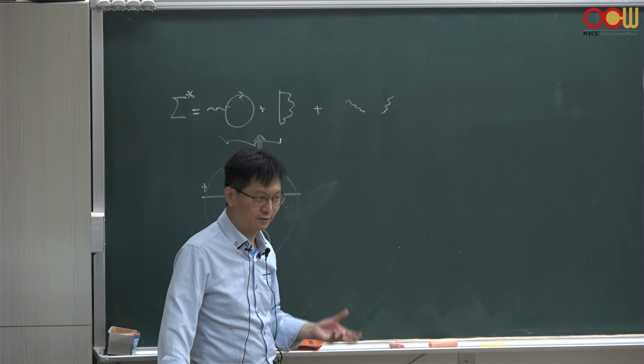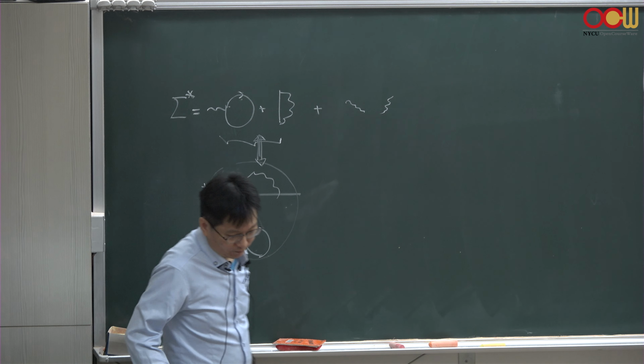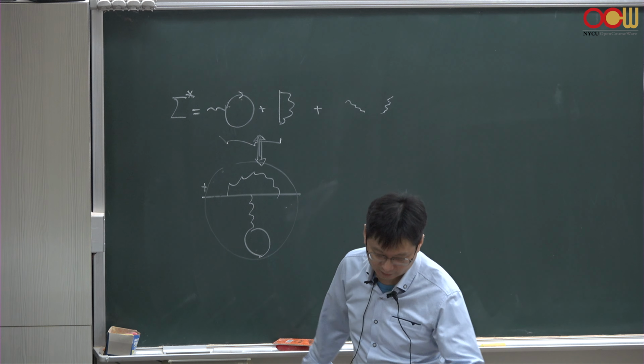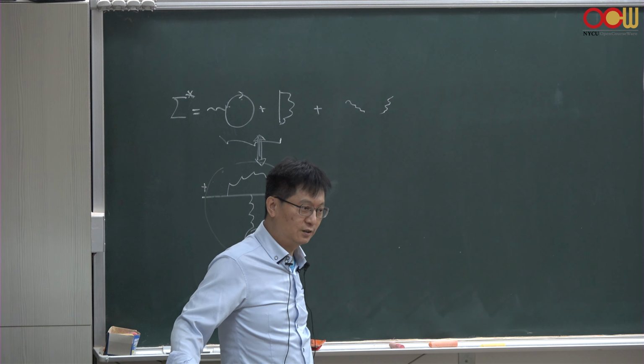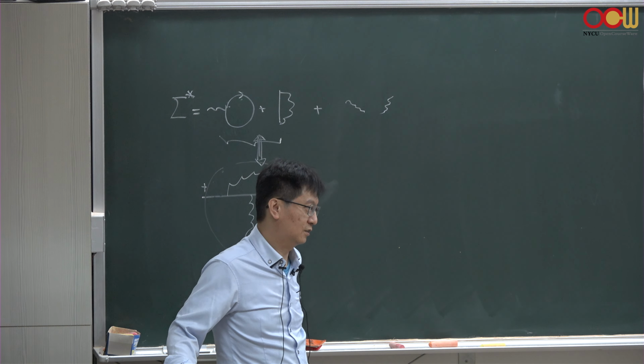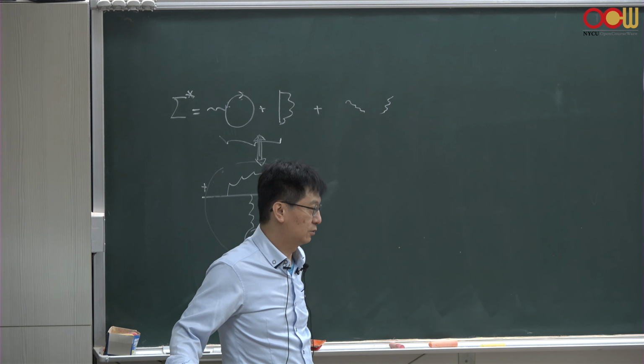Of course, it will make some difference, but in many cases this difference is tiny, so we can safely neglect it. You can imagine that if this is true, then why not include third order, fourth order, infinite order? If you really want to do this, you should.